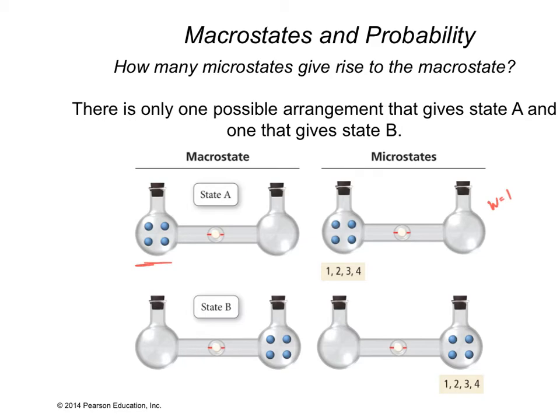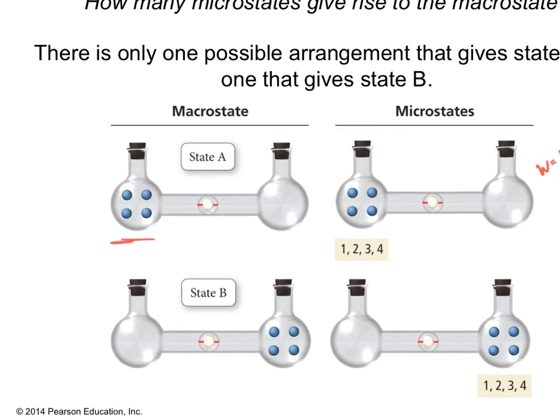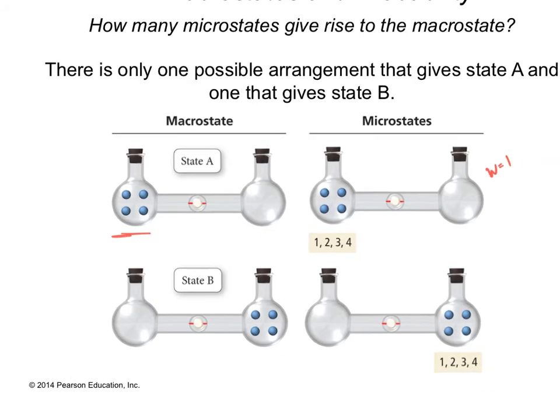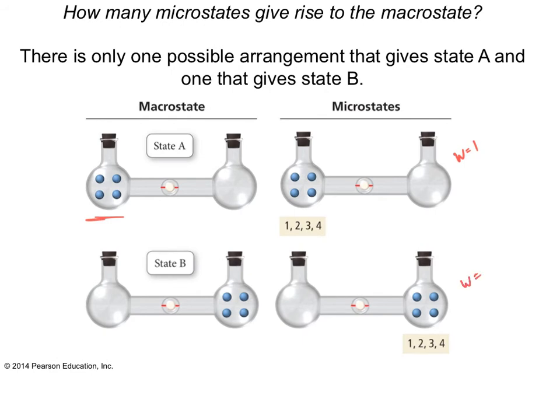What about state B? Everyone moves over to the right side. What are the various ways that we could arrange this to achieve this overall state? Just one. They all go there. They're all in that flask. So W, again, would be 1 for this situation.